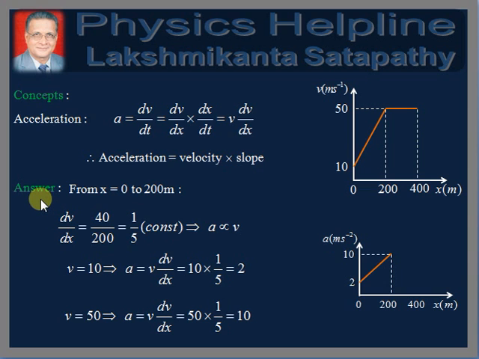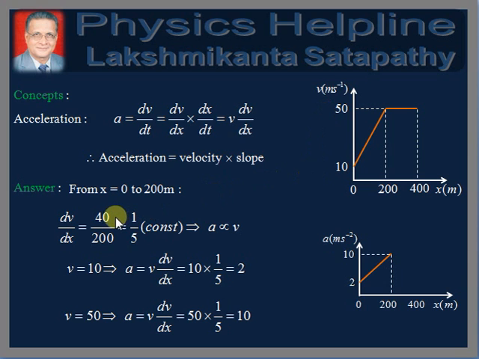Now, for the answer, we will consider the motion of the bicycle for the first interval from x is equal to 0 to 200 meters, in which the velocity behaves in this manner. For this interval, what is the value of dv by dx? What is dv? v changes from 10 meters per second to 50 meters per second.